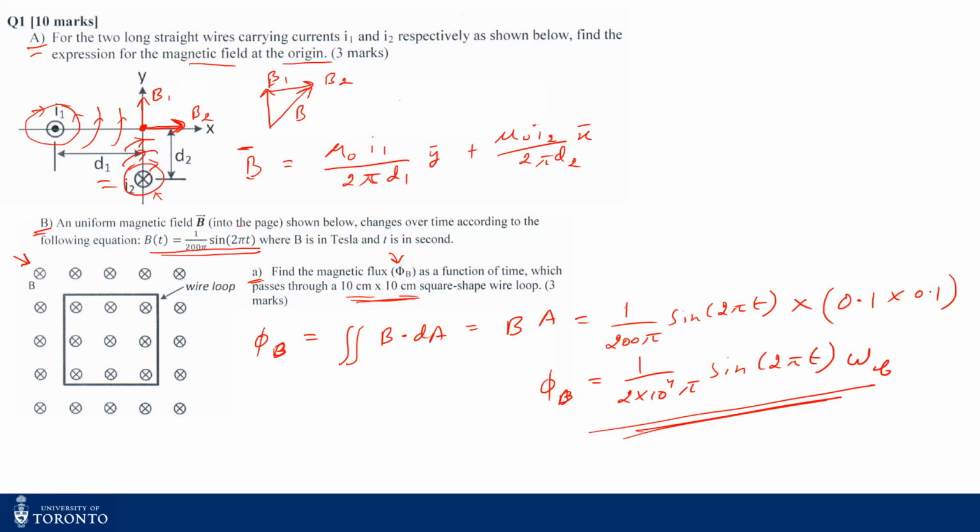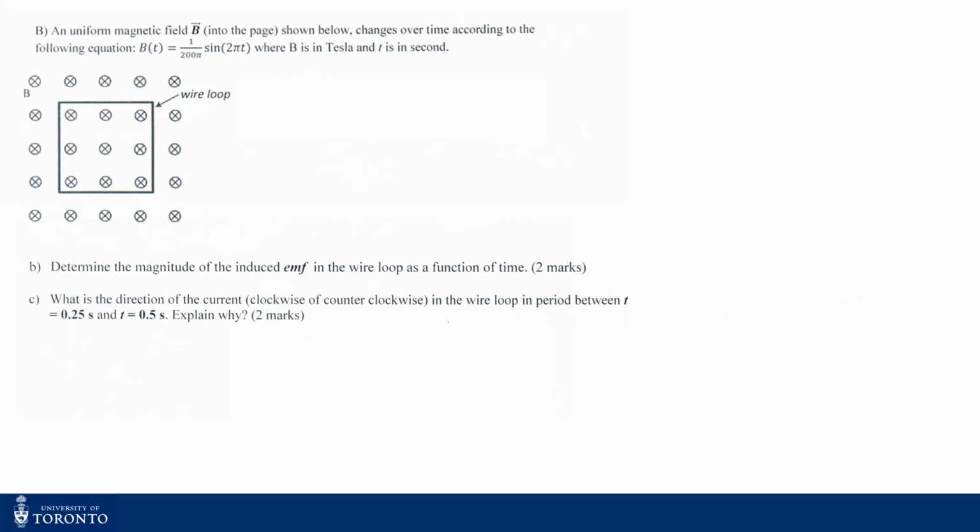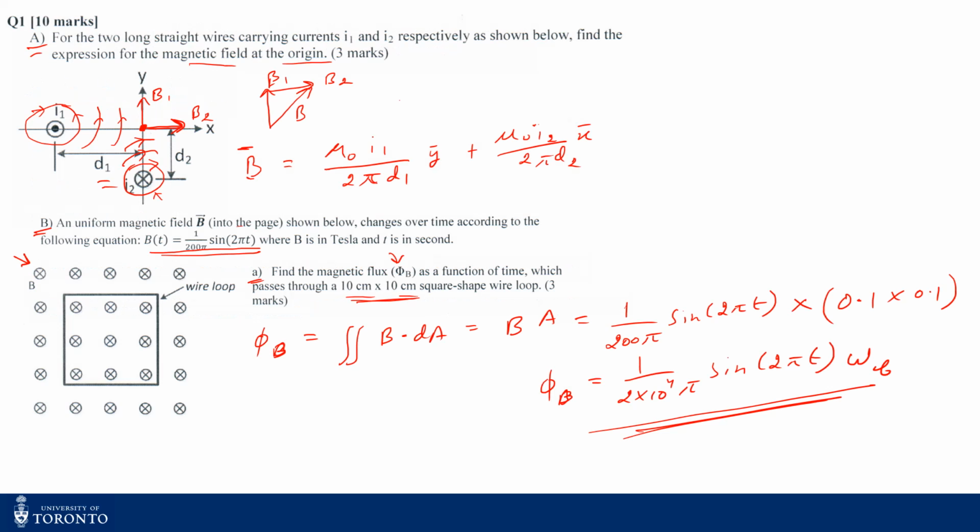So you see it's also varying sinusoidally. Now for the part B subsection, they have asked, for the same problem, to determine the magnitude of the induced EMF in the wire loop as a function of time. In the previous section, we found that the time varying magnetic field inside this area will generate a flux phi B, which is given by this expression.